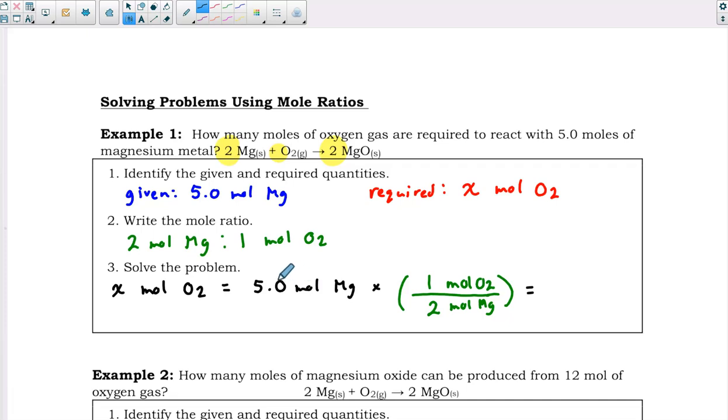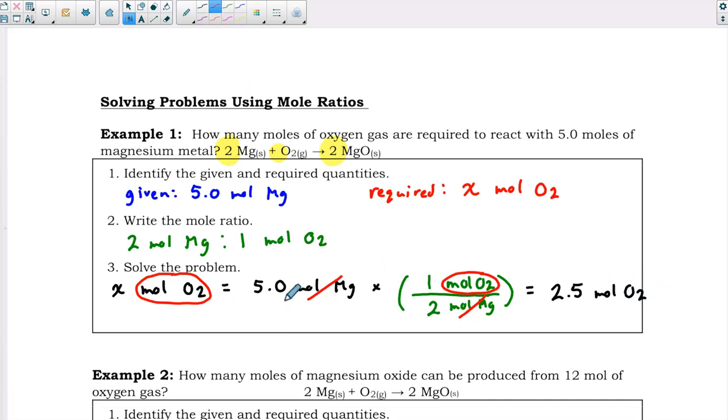When you put this in your calculator, take the 5 and make sure to include these sets of brackets. You know you've done this correctly because the moles of magnesium cancel, and you're left with the moles of oxygen, which is exactly what we are looking for. When you do this calculation, you get 2.5 moles of O2.